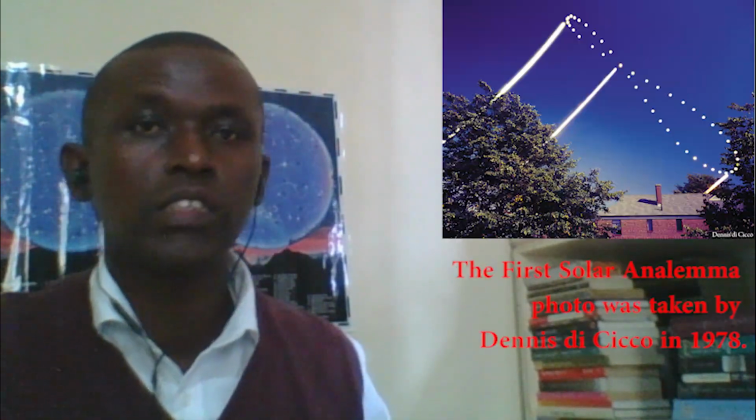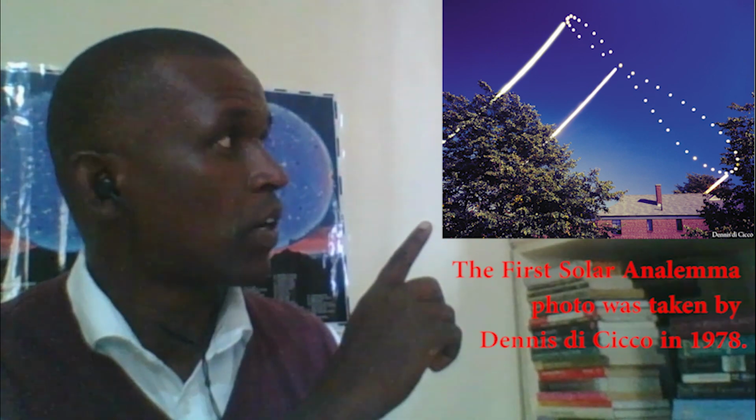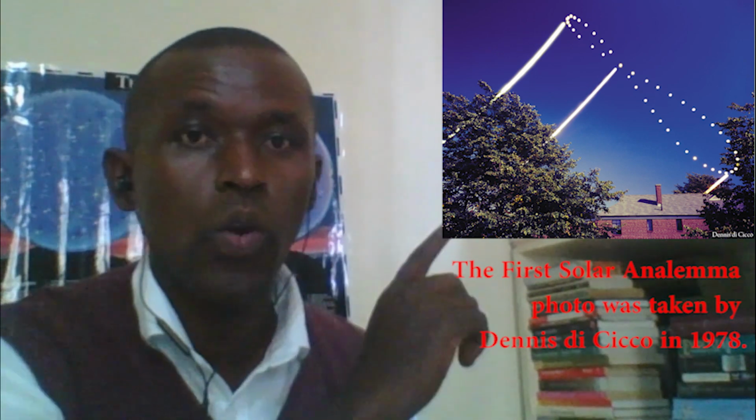Another way to look at it, which you might not have thought about, is that the sun does not rise and set at the same fixed position on our skyline. The position of the sun changes from one day to another, and as it changes, it creates this pattern that you can see over here, this solar analemma.